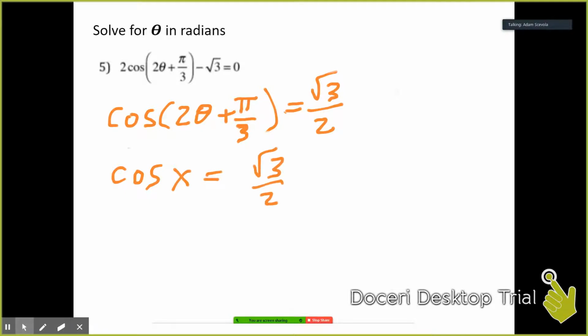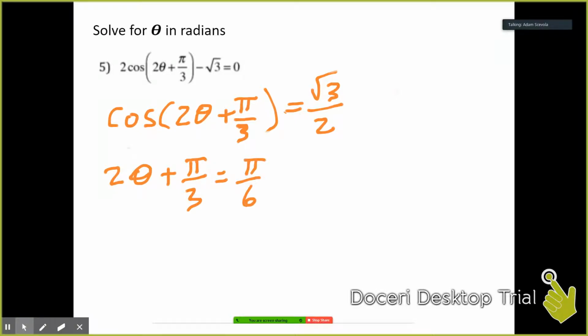Remember, that was pi over 6 and 11 pi over 6. So in other words, we want 2 theta plus pi over 3 to equal pi over 6, and also 2 theta plus pi over 3 to equal 11 pi over 6.